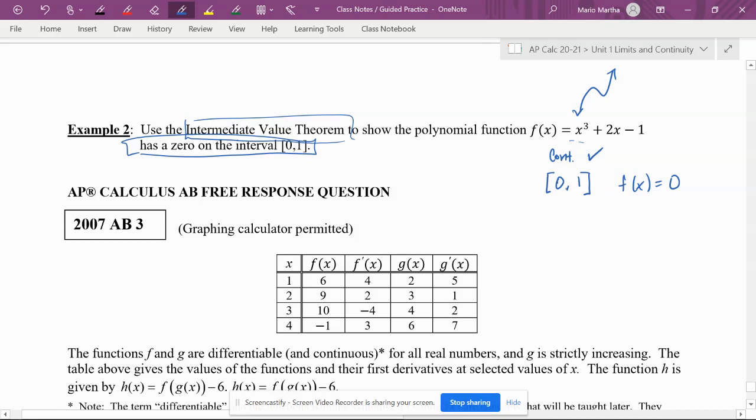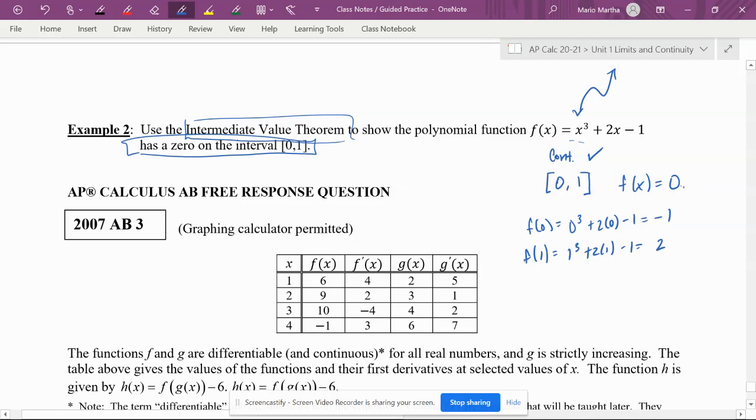So if I substitute, f of 0 is 0 to the third power plus 2 times 0 minus 1, which gives me -1. And then f of 1 would be 1 cubed plus 2 times 1 minus 1, which is 3 minus 1, which is 2.